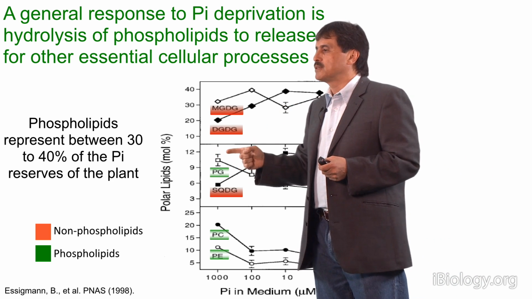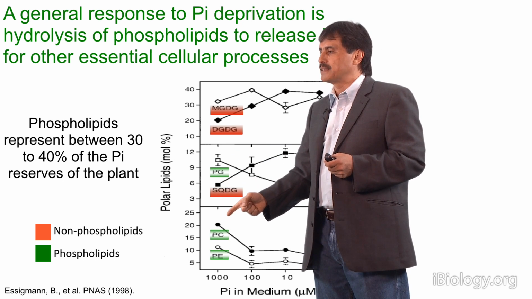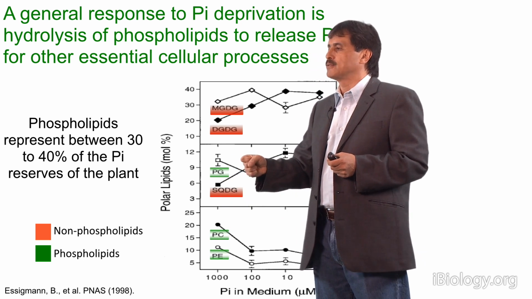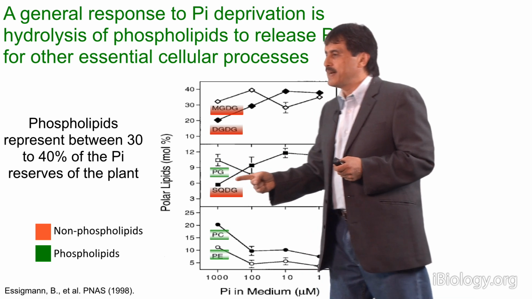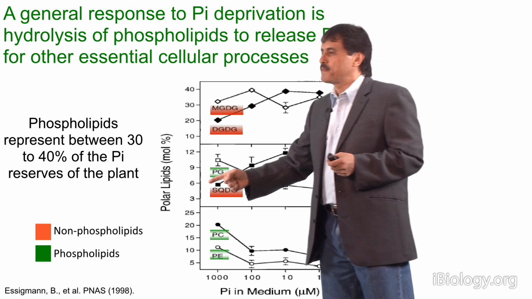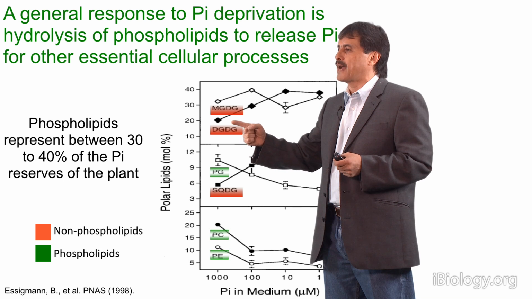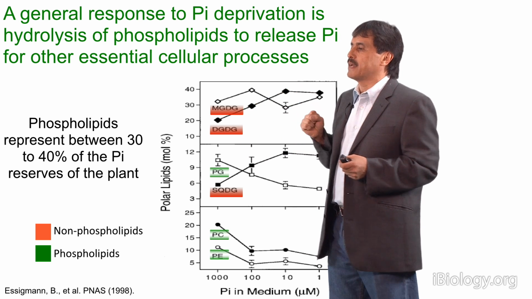So these compounds that contain phosphate, like phosphoglycerol, phosphatidylcholine, phosphatidylethanolamine, decrease when the plant is exposed to low phosphate, and the lipids that do not contain phosphate, such as sulfolipids and galactolipids, increase in concentration.